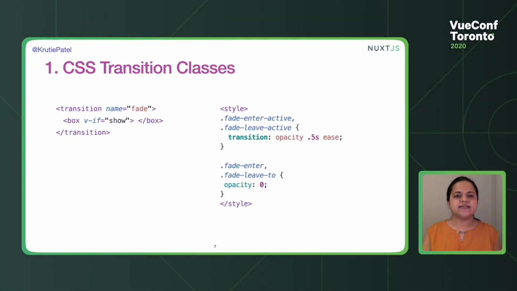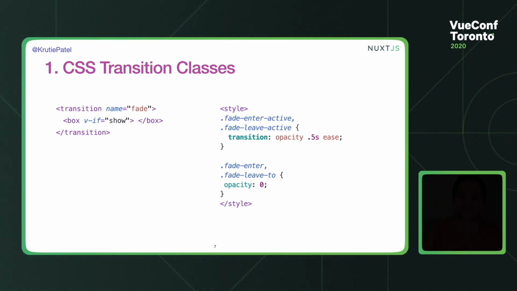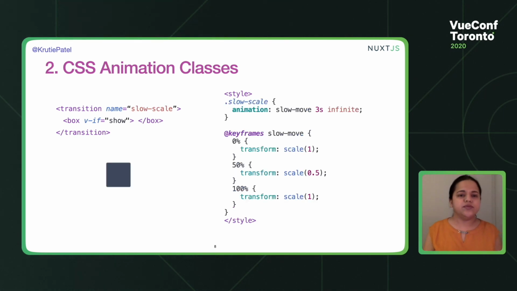When we use CSS transition, we can move our element from point A to point B, and then it uses a transition attribute to define that active state. For example, here we are simply animating the opacity of an element. Second way we can use Vue's transition component is with CSS animation.